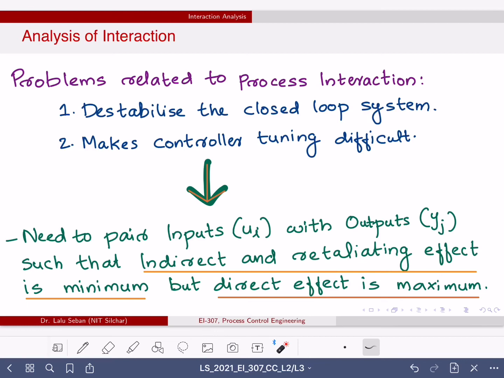So ultimately, what is the takeaway? You have to pair the input and output in such a way that the indirect and retaliating effects are minimum and the direct effect is maximum. That is what we will do in interaction analysis.